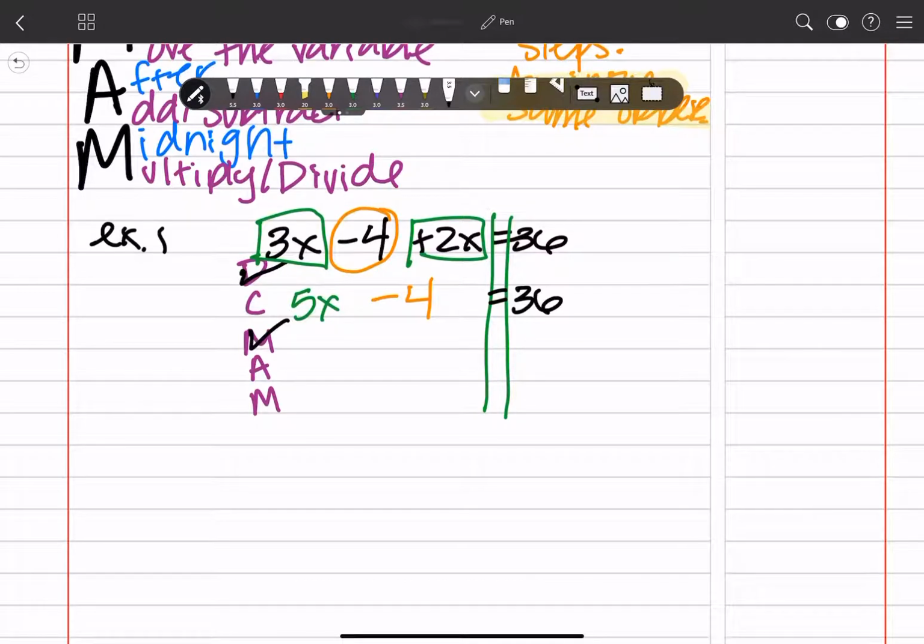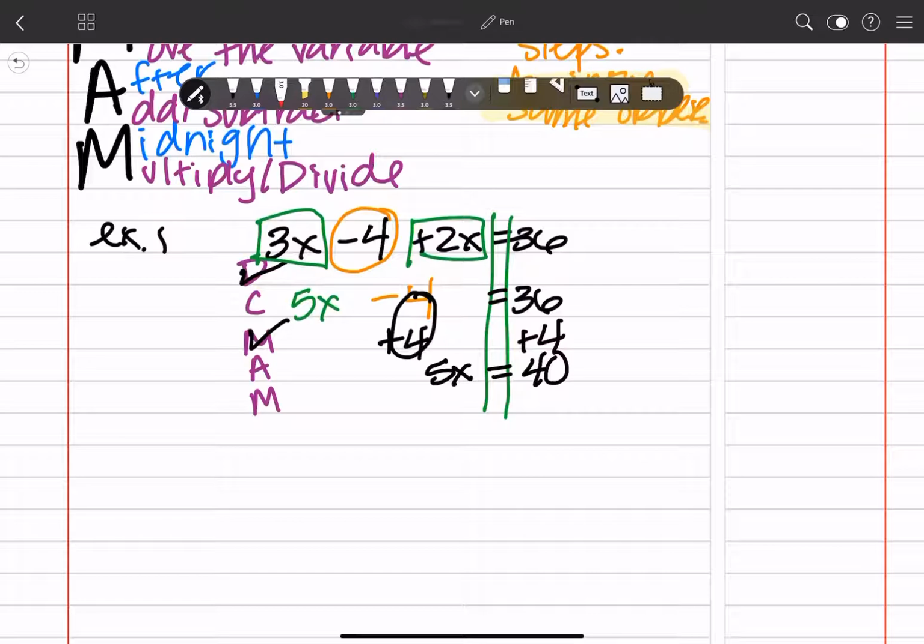Now you're going to either add or subtract. In our case, we're going to add 4 to each side since it's the inverse operation, and it's going to zero out. We are now left with 5x equals 40. Divide.